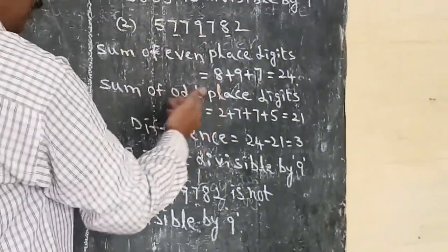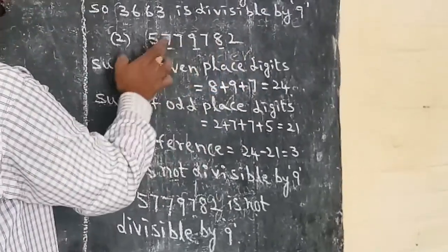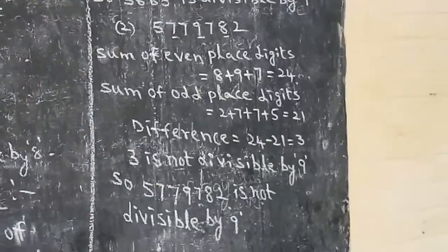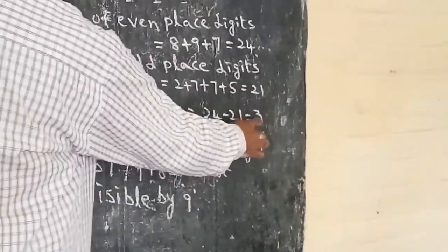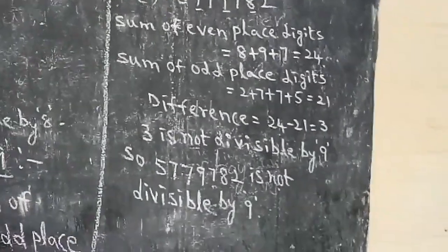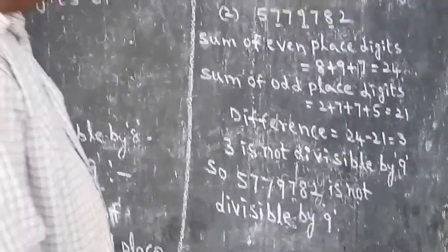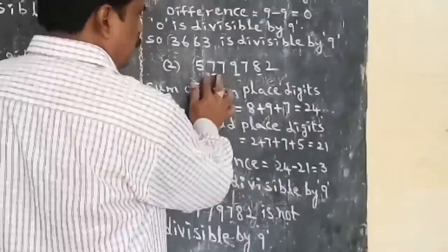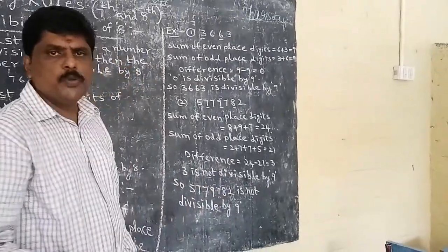The sum of the odd place digits is 2 plus 7 plus 7 plus 5, that is 21. What is the difference between these two? 24 minus 21 is 3. But 3 is not divisible by 9. So this number, 5,779,782, is not divisible by 9.